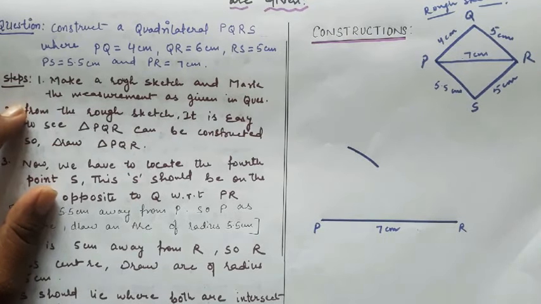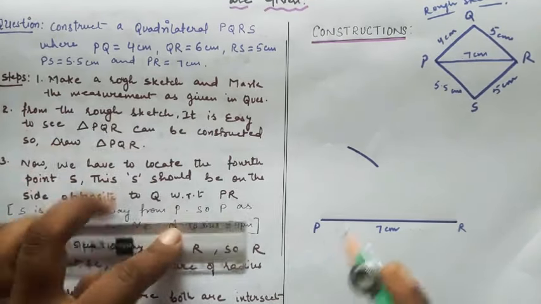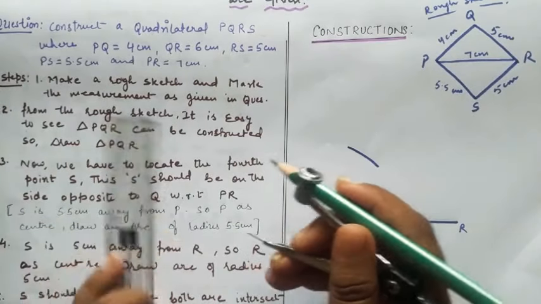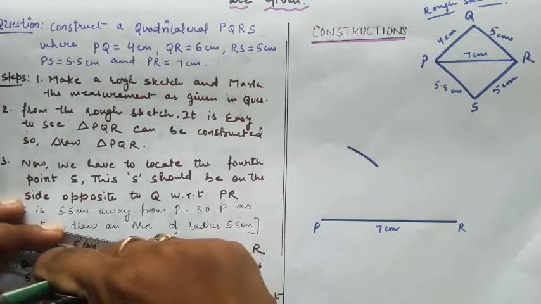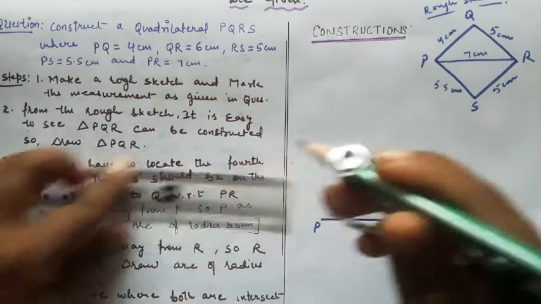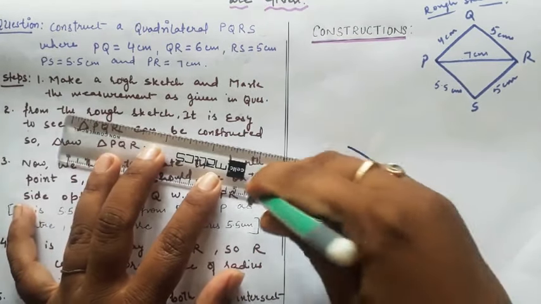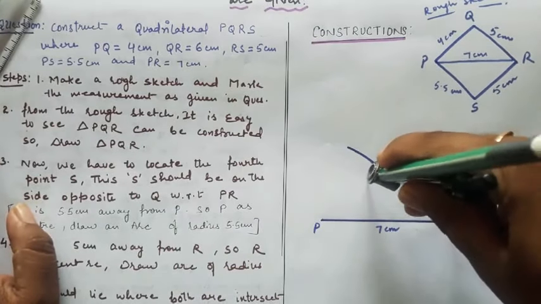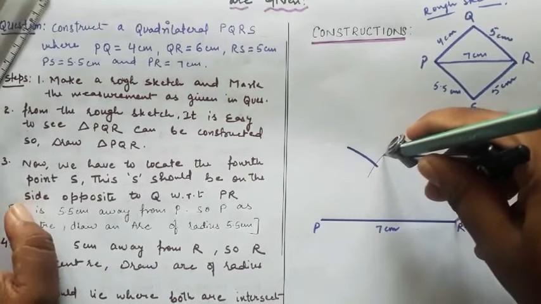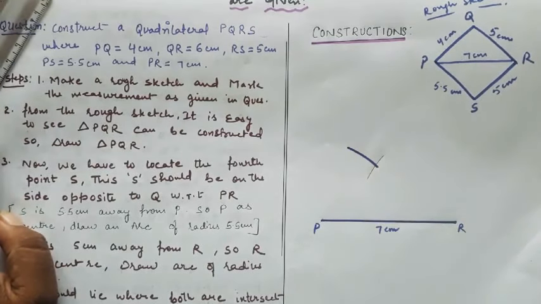Similarly, from this side, means from point R, I will take 5 centimeter, and I'll put another arc, and it should intersect the previous one.